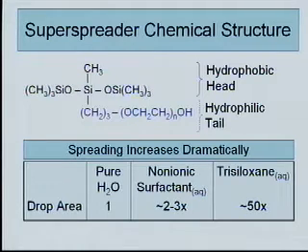A pure water droplet has some area 1, and a regular non-ionic surfactant would spread 2 or 3 times. With a trisiloxane surfactant, which is what these are called because they have 3 silicon groups in the hydrophobic head group, it spreads about 50 times.